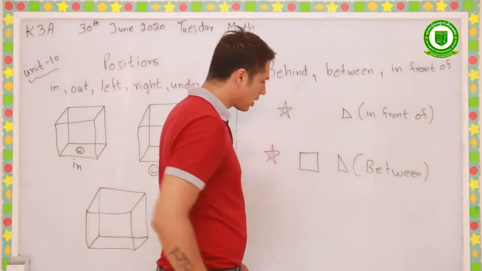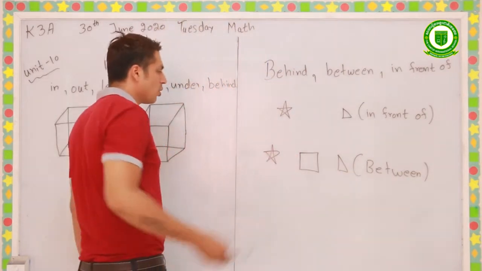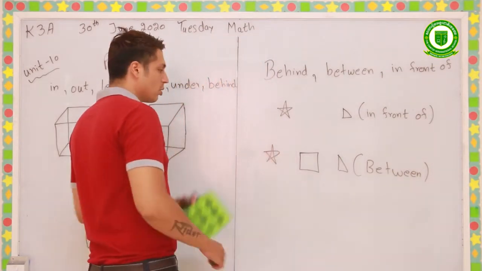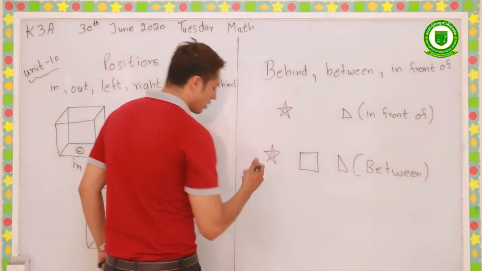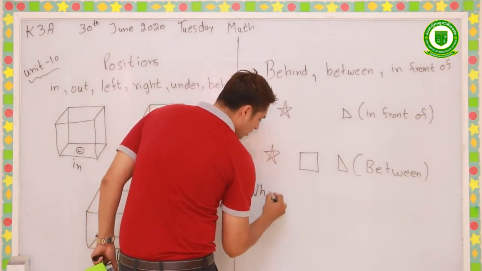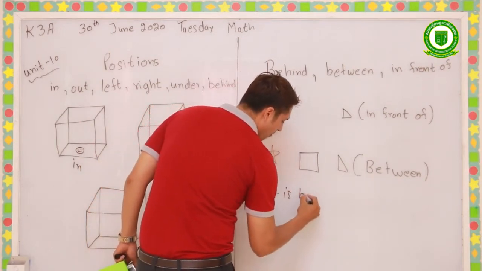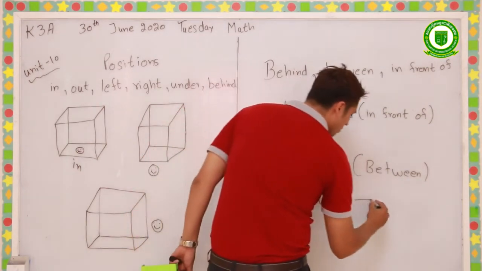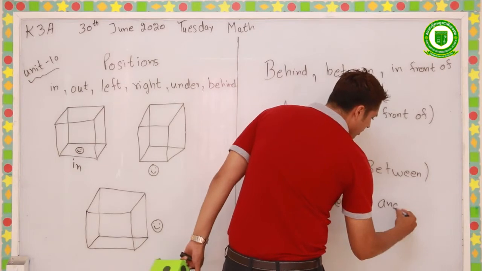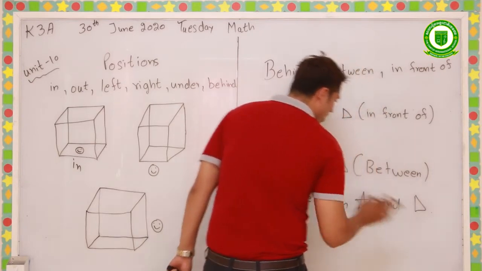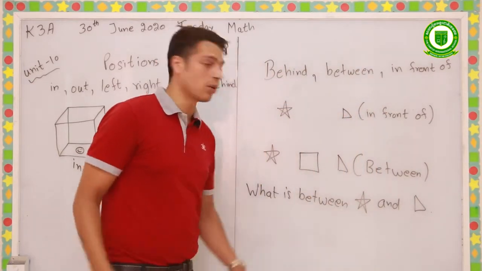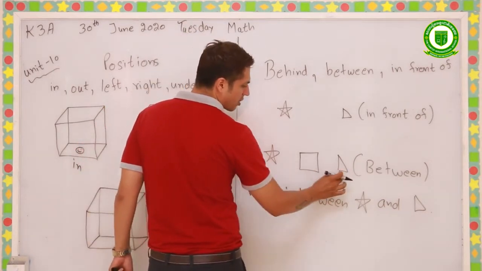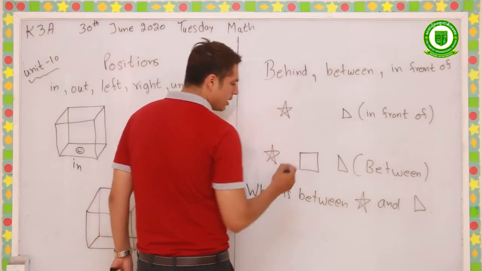Now we will learn between. We have a star, a square, and a triangle. What is between the star and the triangle? Between means in the middle. It's the square.